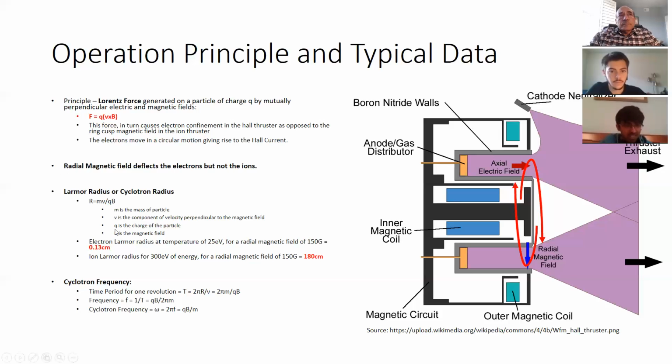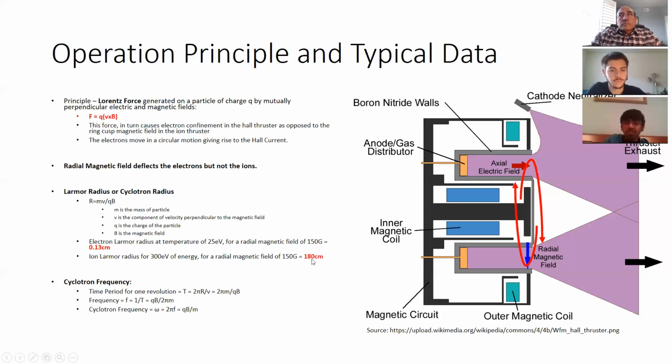Now, the data below clearly shows that the electron Larmor radius at a temperature of 25 electron volts for a radial magnetic field of 150 Gauss is about 0.13 centimeters. On the other hand, the ion Larmor radius is really high, which is 180.